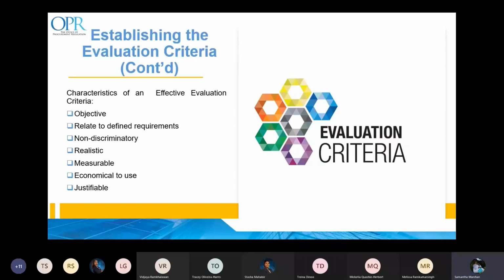Effective evaluation criteria are objective characteristics, that is, not subject to divergent interpretation. They relate to defined requirements. All key elements of project requirements must be covered by the evaluation criteria.